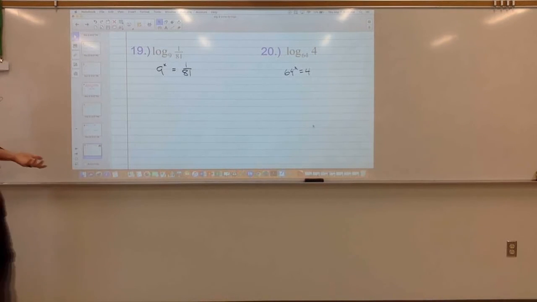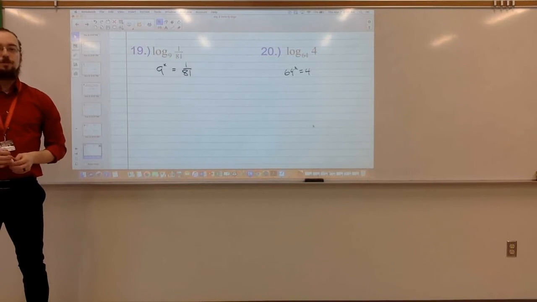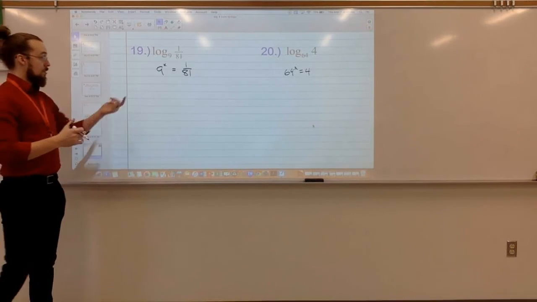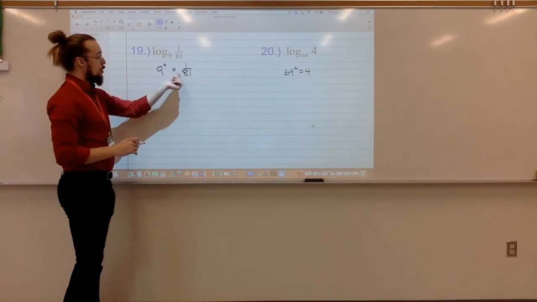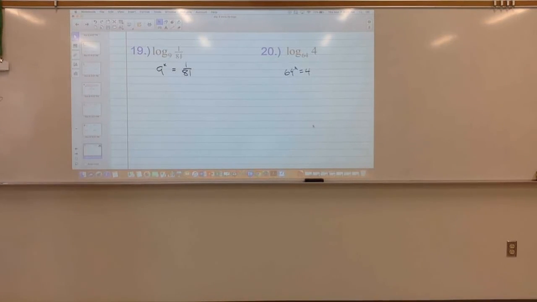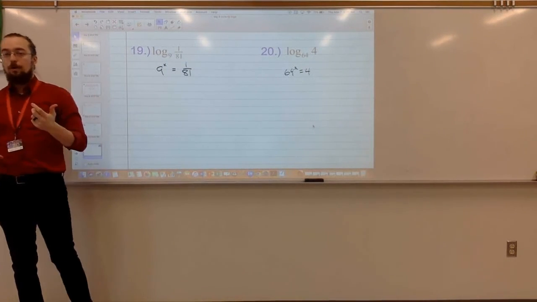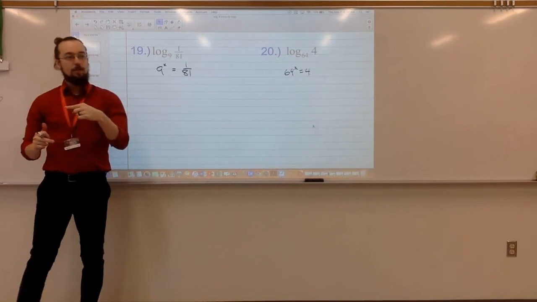I heard one person give the correct answer to 19 already, and a couple over here, too. So we're thinking, well, I know that this is going to have to be a negative exponent. I know that 9 to the second power is 81, but I've got 1 over 81.